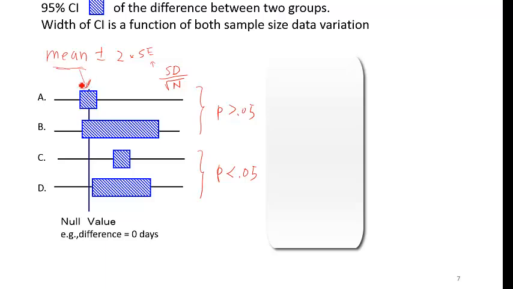So increasing sample size does not really help to exclude 0 from the confidence interval. But in B, the mean effect is large, which may be clinically meaningful, although you didn't detect it because N is very small. That's why you have a very wide confidence interval. In A, the confidence interval could be as narrow as minus 0.5 days to plus 0.5 days, but B could be as wide as 0.5 to, let's say, 50.